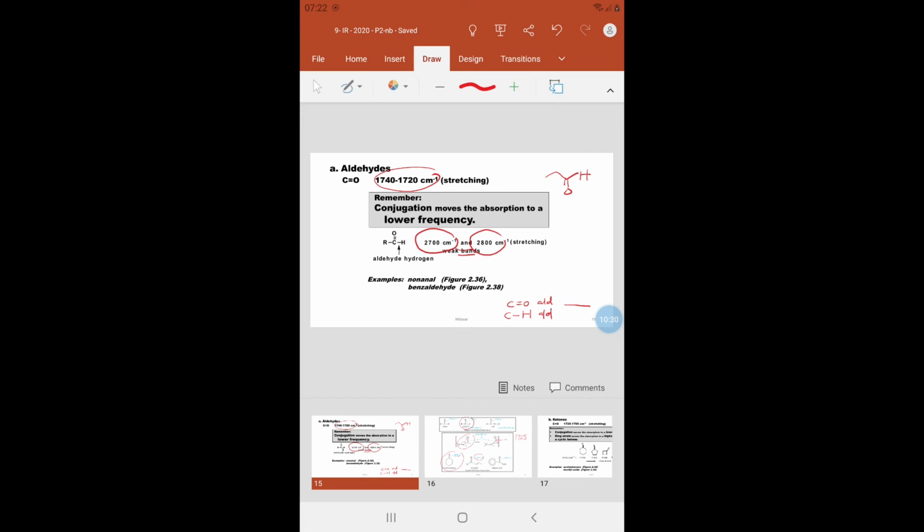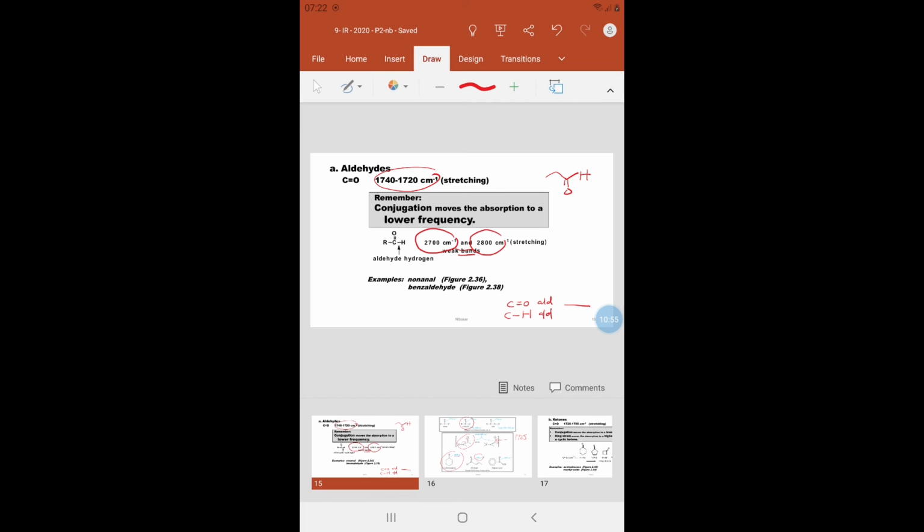For CH aldehyde, when you look at the spectrum, look back to the list of functional group spectrum that I asked you to practice on. Look at the structure of aldehyde. So you can see 2,700 and 2,800, not exactly 2,800, sometimes 2,840, something like that. That belongs to CH aldehyde.